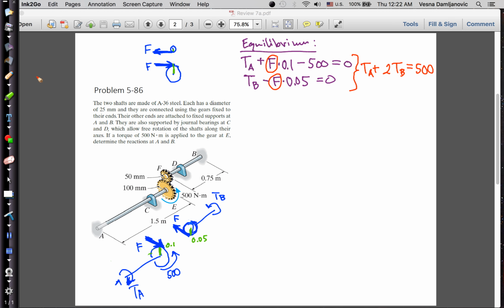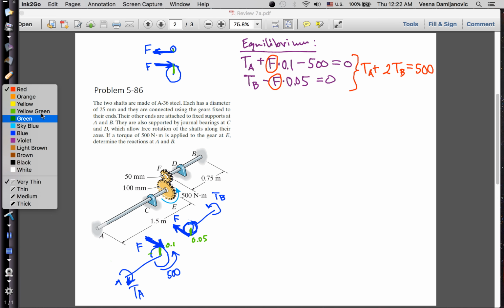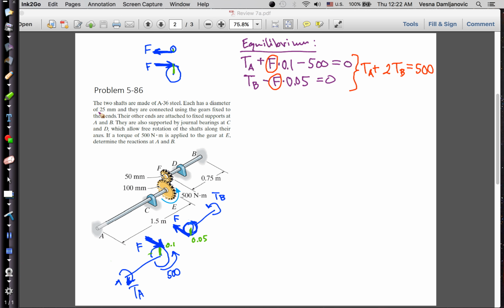Now let's go and start writing up the compatibility equation, because we know that it involves the angle of twist, and we know that angle of twist is usually internal torque at that location times the length of that section divided by the polar moment of inertia and the shear modulus G. So remember the formula.